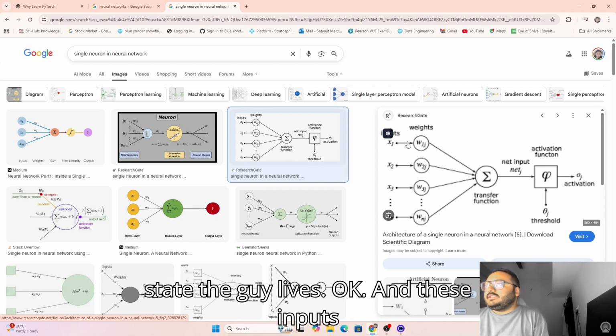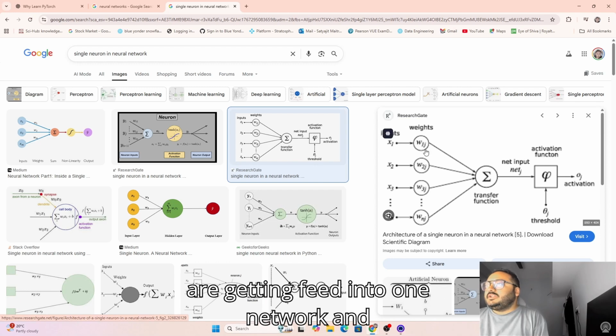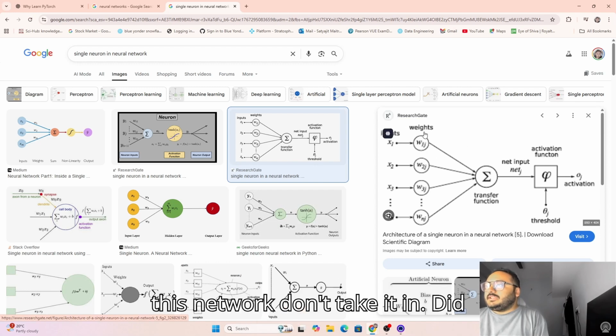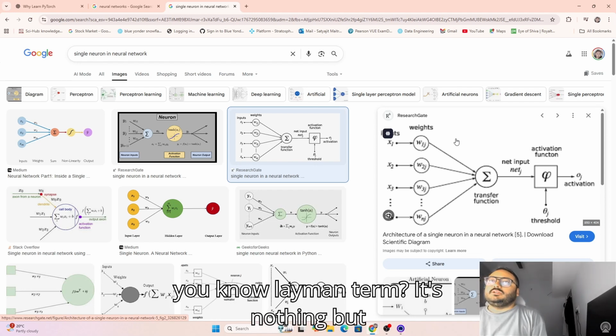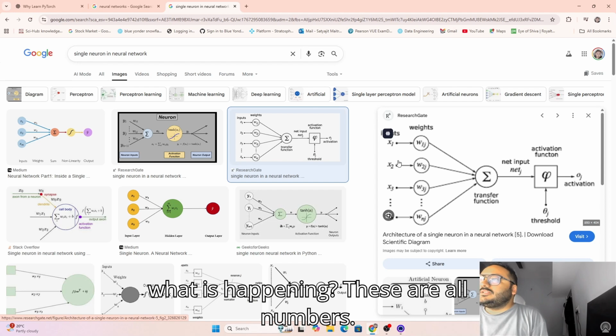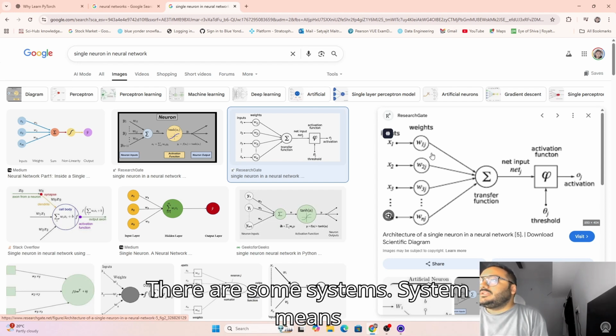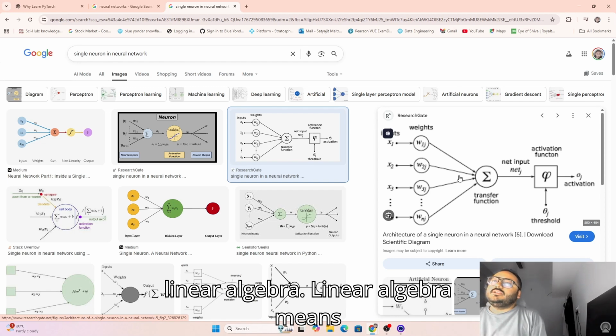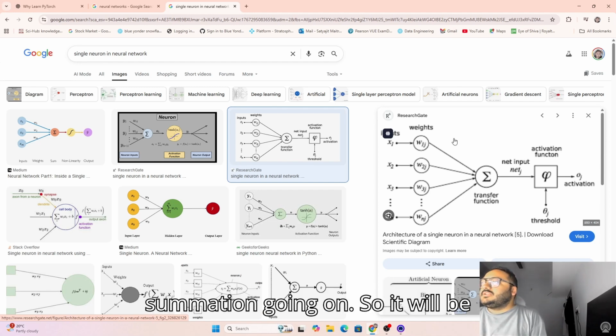These inputs are getting fed into one network, and don't take this in a very layman term. These are all numbers. There is some linear algebra, which means there are some multiplication and summation going on.